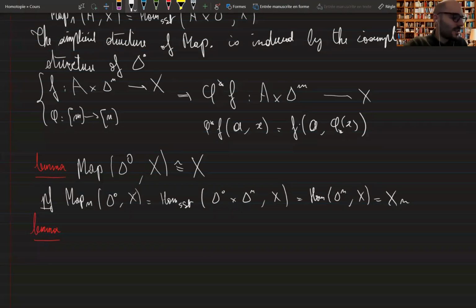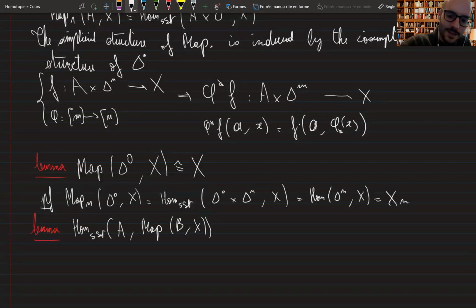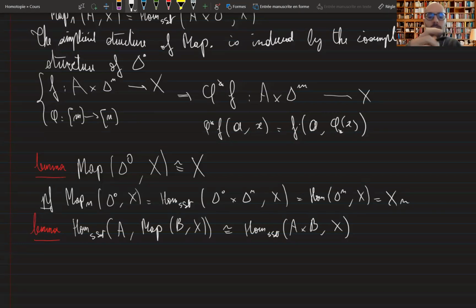Something else which is characteristic of enriched category theories, which is basically an enriched Cartesian category theory, if you want to get technical: you have a bijection like this. All right. So in some sense, well, not in some sense, actually, map from B is a right adjoint of crossing with B, right?